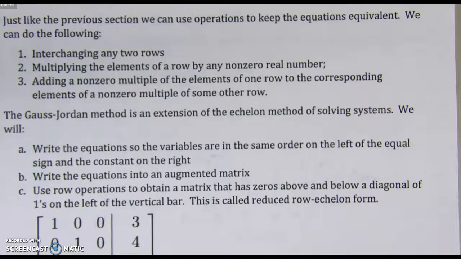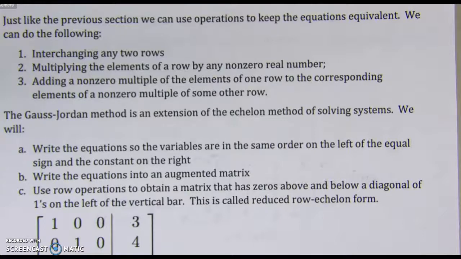Just like our previous section in lesson 2.1, we can use operations to keep the equations equivalent. So we can do the following. We can interchange any two rows, so we can flip-flop them, but every element in that row needs to move all together. We can multiply the elements of a row by any non-zero real number.